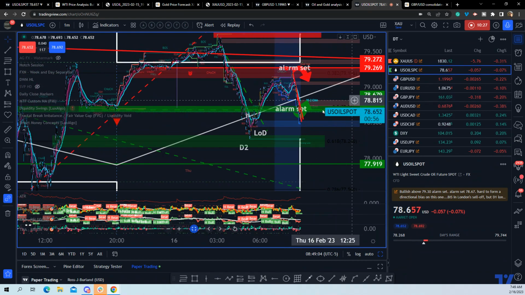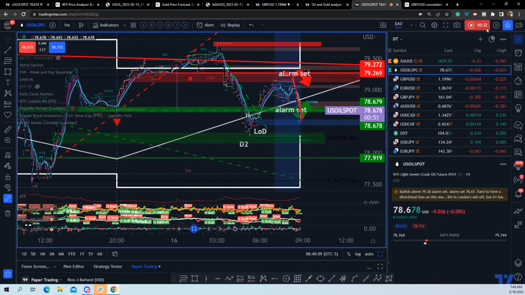Just going to leave oil alone. I've got a bullish bias, and I don't really want to be selling halfway through the range just to try and scalp it.